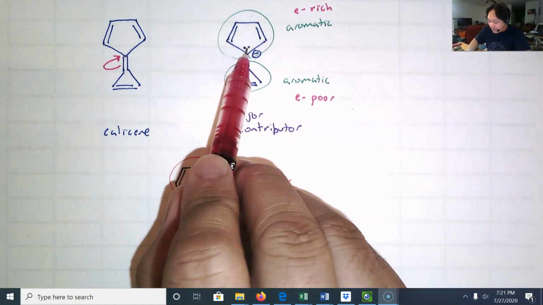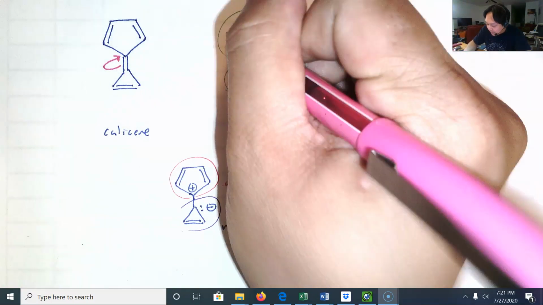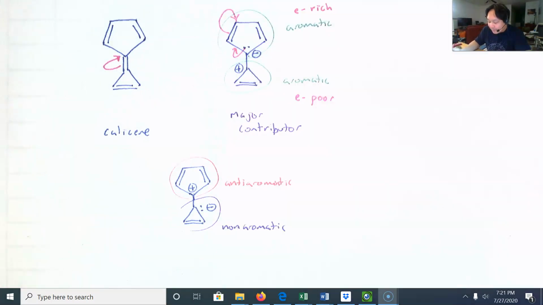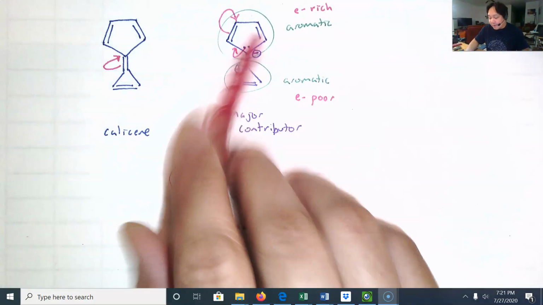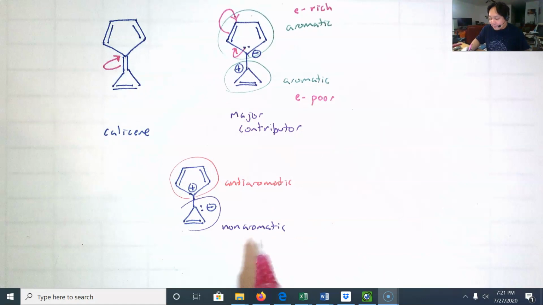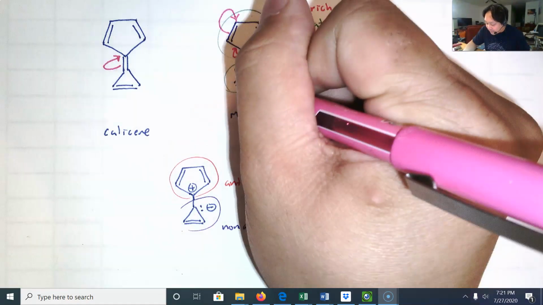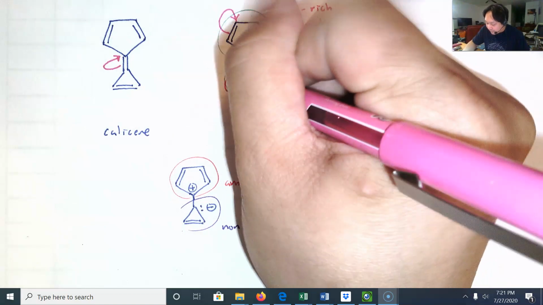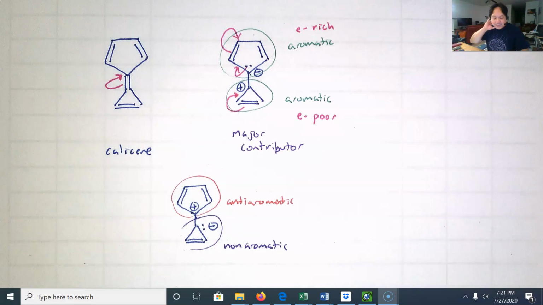See, you can move this charge around by pushing this lone pair here and then pushing this pi bond there. So you could go through all the other resonance structures just from the top ring. Same thing for the bottom ring, right? You know how to move a pi bond towards the plus charge to form a new resonance structure. Okay, so that's an exercise that you could do at home.